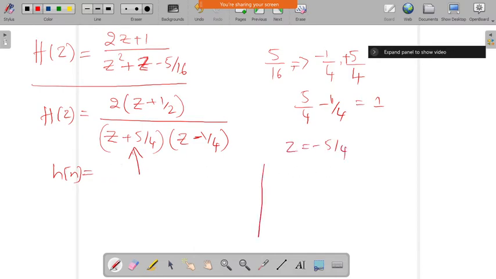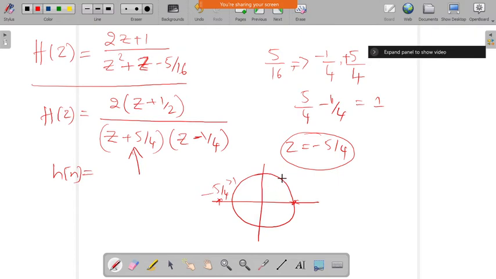Now if I write the ROC, any pole outside this unity circle means the system is unstable, since we are asking for both causal and stable. This minus 5 by 4 is greater than 1 in magnitude, minus 1 point something. Since this pole is outside the ROC, the system is unstable.